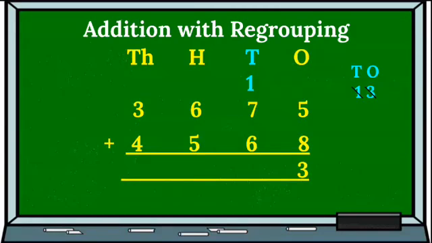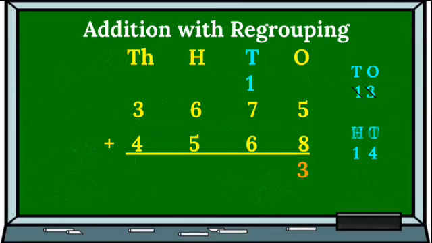8 and 6 would give us 14. But remember, we're adding tens. So it's just like saying 10 add 70, we have 80. 80 add 60 would give us 140. Now, we will normally write it like this with our tens and ones, but remember, we added tens.